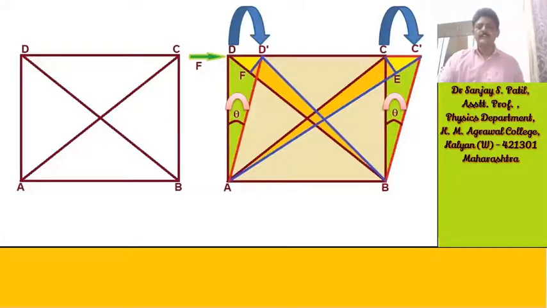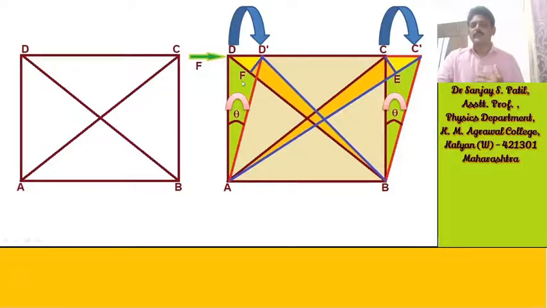Now we will see one of the faces to be considered for clarity, for the sake of understanding. D transforms to D dash, C transforms to C dash, and this angular displacement of this edge, which has a certain length L, takes place.